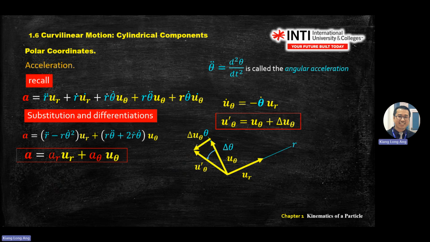So when you do the curvilinear motion in the radial direction, in your calculation and answer, you will see R equals something, theta equals something.